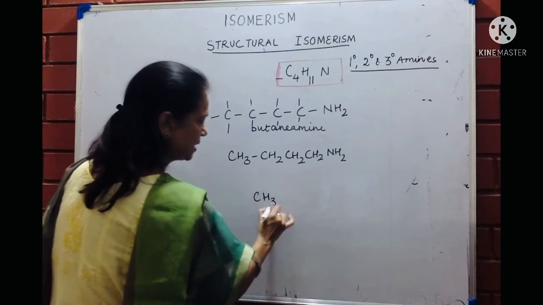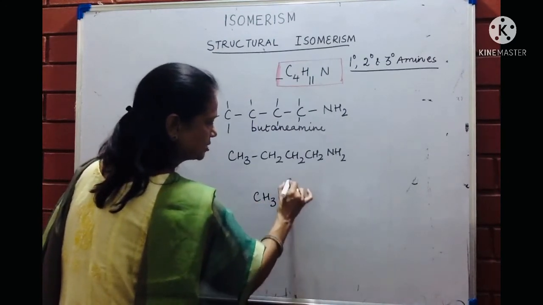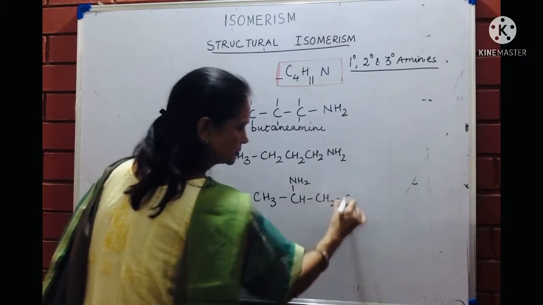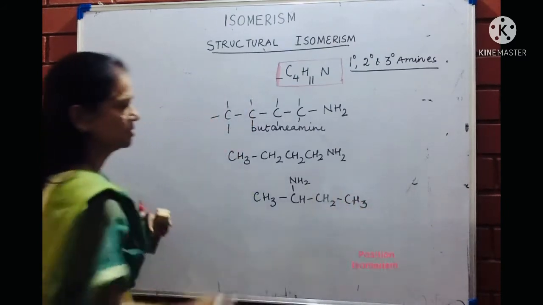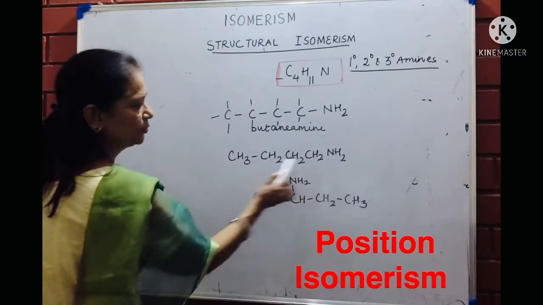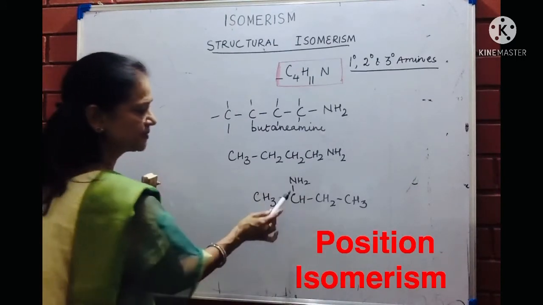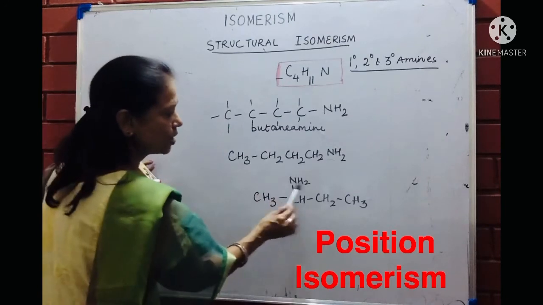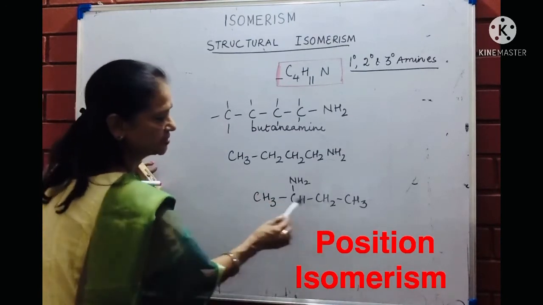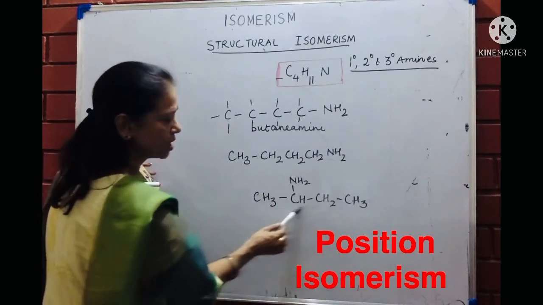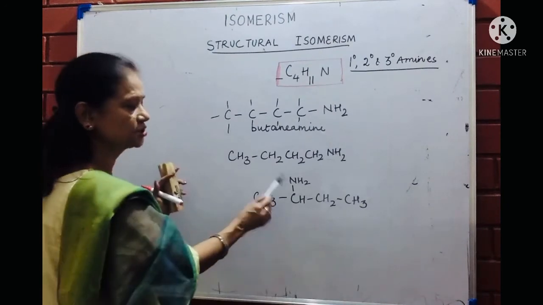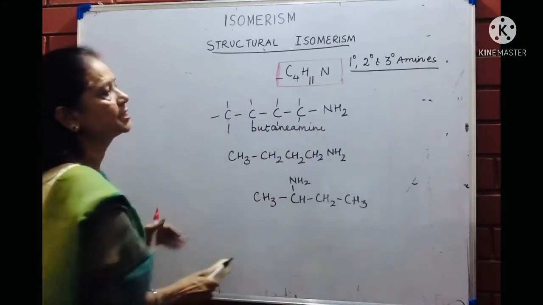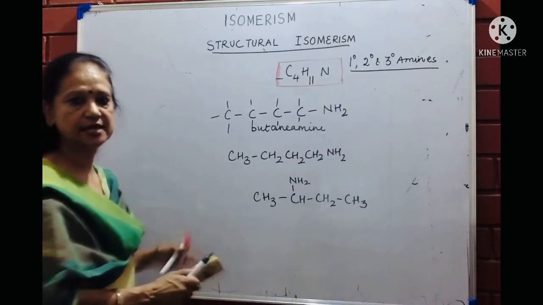Now I am putting NH2 at place 2. So this becomes butanamine with the amino group at place 2, so 2-aminobutane. So I've changed the position of the amino group. So from the same formula, different types of isomers can be asked.